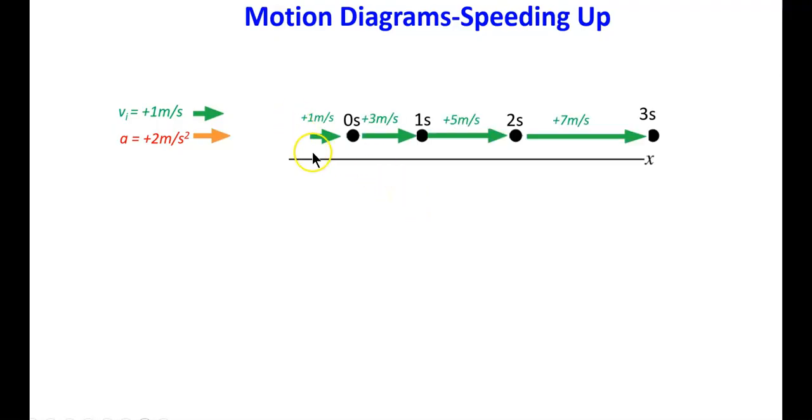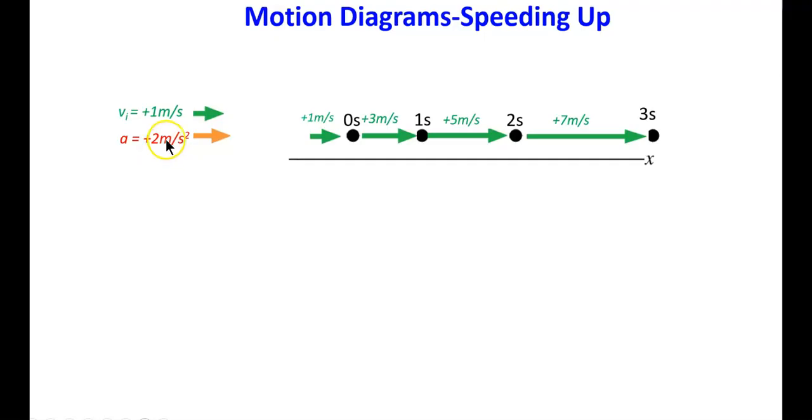So what speeding up will look like in a motion diagram is this. You start off with your initial velocity from right before you even start moving. So you're already moving at positive 1 meter per second at the 0 second mark.